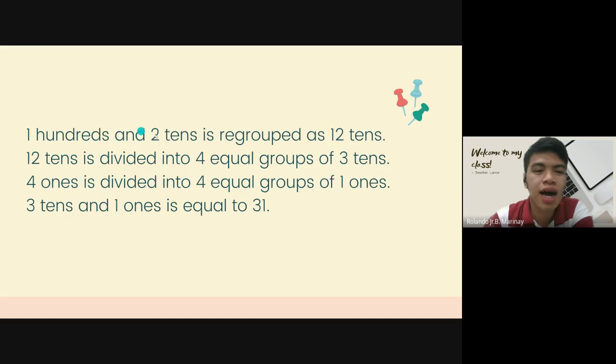Then 12 divided by 4 equals 3. So 3 tens and 1 one is equal to 31.